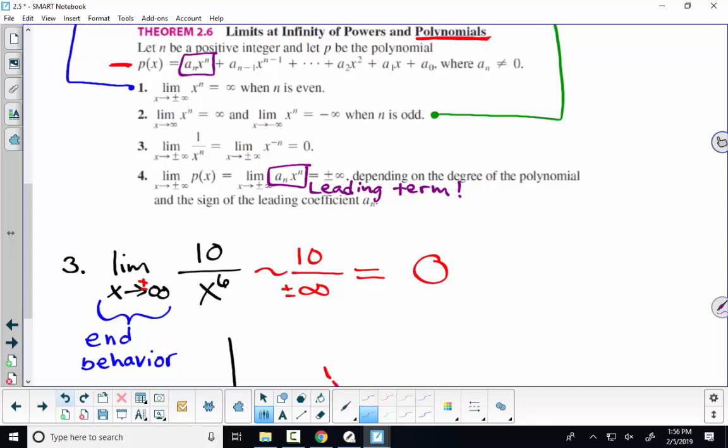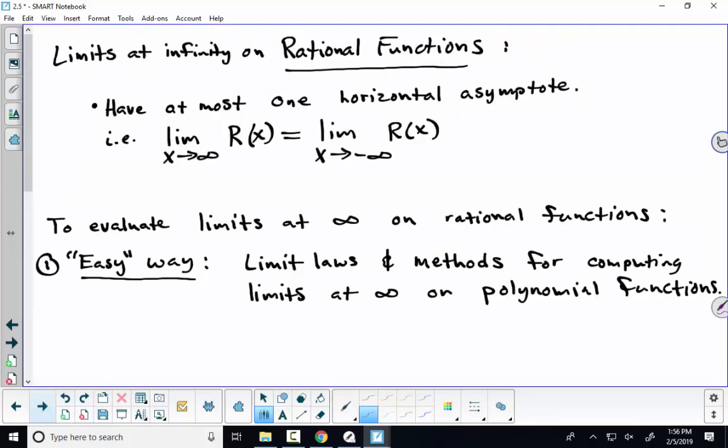All right. So then, from polynomials, we'll move to rational functions. So remember, rational functions are functions that are a ratio of 2 polynomials. So if I take 2x squared divided by x, that's a rational function. X plus 1 divided by x minus 1, rational function. Rational functions have at most one horizontal asymptote.